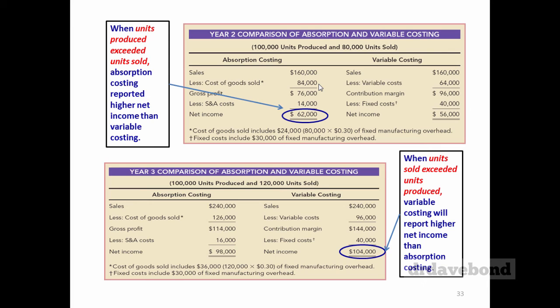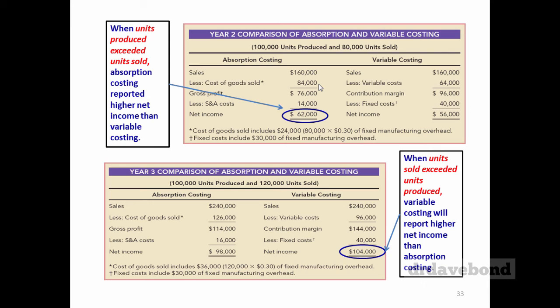If we now do the variable costs, on the variable side, we have variable direct materials, 30 cents at 80,000, plus direct labor, 35 cents at 80,000, plus variable overhead, 10 cents at 80,000, plus variable selling and admin, 5 cents at 80,000, and that's it.